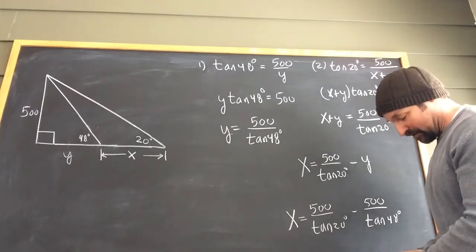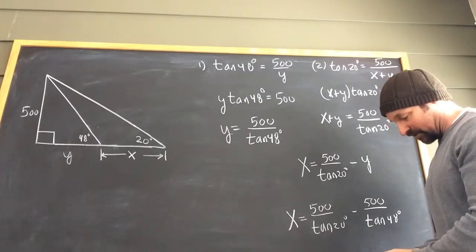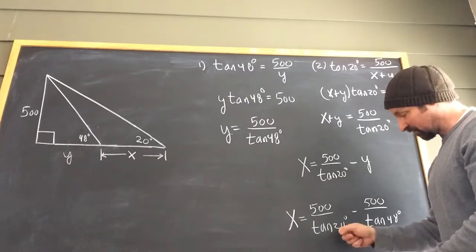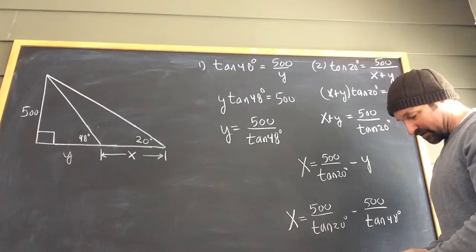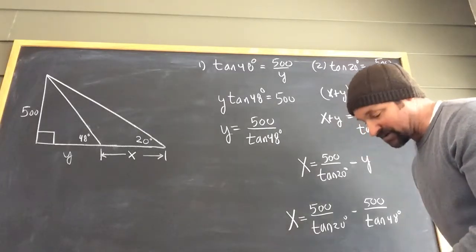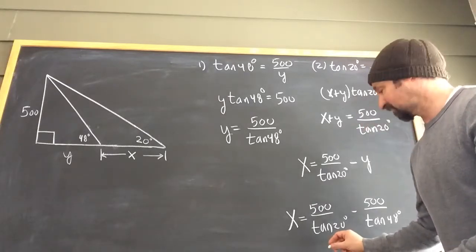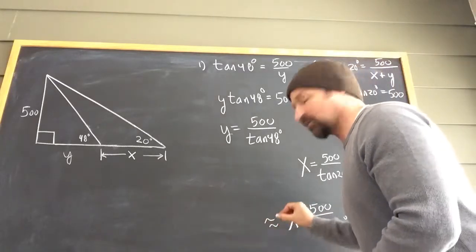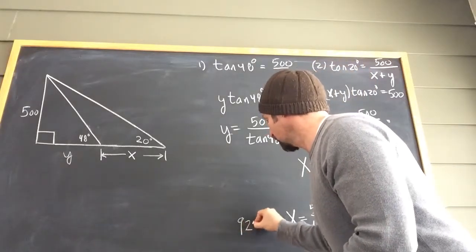And now let's see it. 500 divided by tan of 20 degrees, close off the parentheses for the 20 degrees, minus 500 divided by tan of 48 degrees. And I see that x to the nearest whole number, x is about equal to 924.